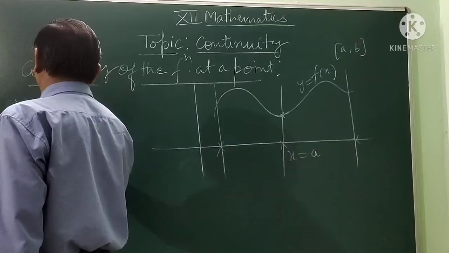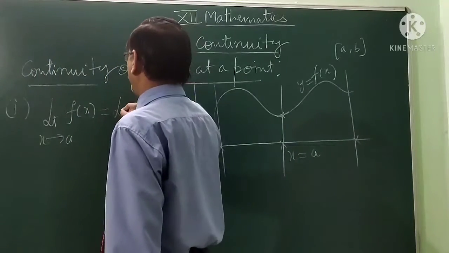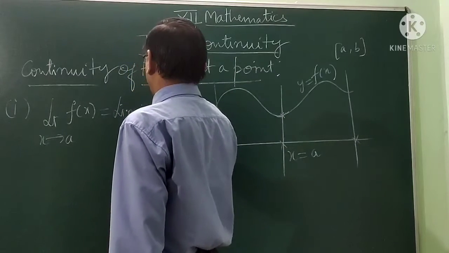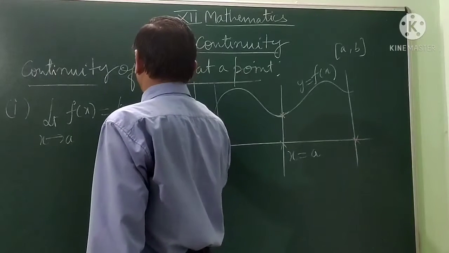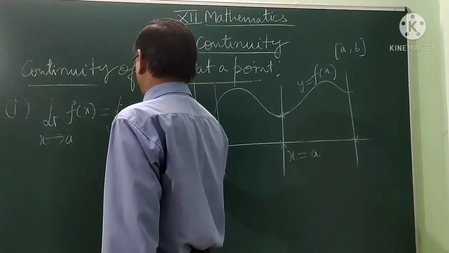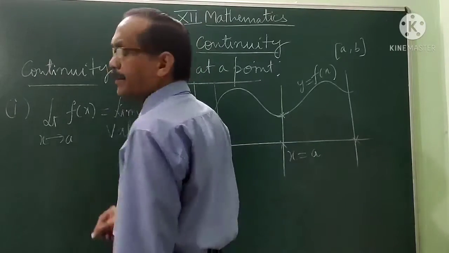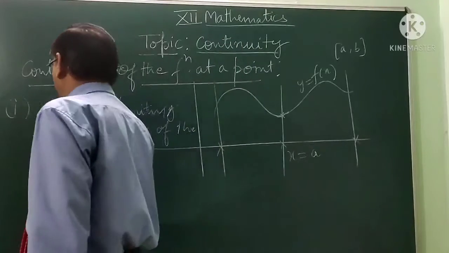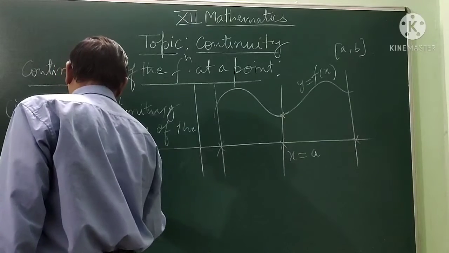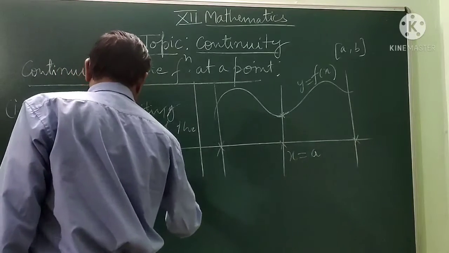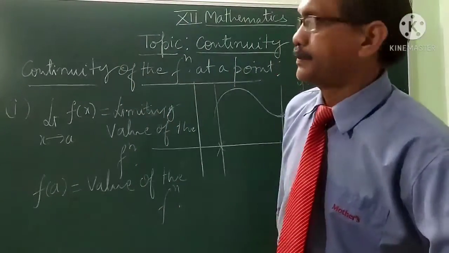Limit x tends to a of f(x) is called the limiting value of the function. Then we will find the value of the function. f(a) is called the value of the function.